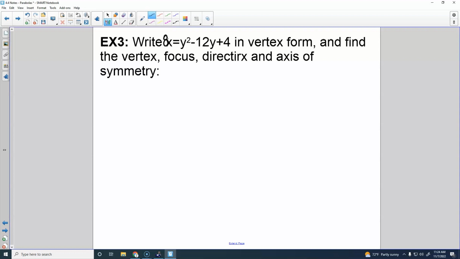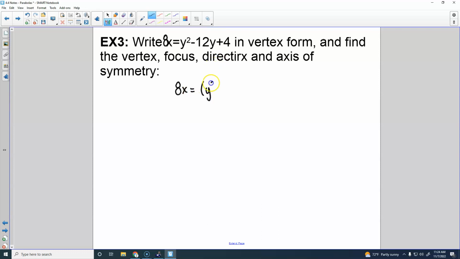So if I'm trying to complete the square here, at the end I want this equation to be x equals, right? I do not want that 8 to be there. But if I get rid of the 8 right now, there's going to be a lot of fractions I have to complete the square with. So I'm going to leave the 8 here and deal with it later. I'm going to complete the square first.